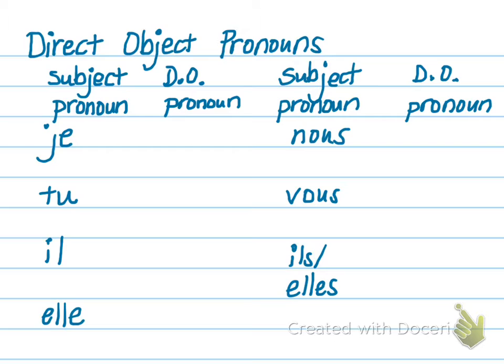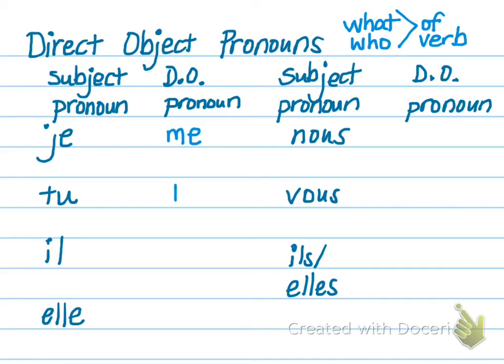In this lesson, we've also already talked about the direct object pronouns. Remember, direct objects answer the question what or who of the verb. For the subject pronoun je, the direct object is me.